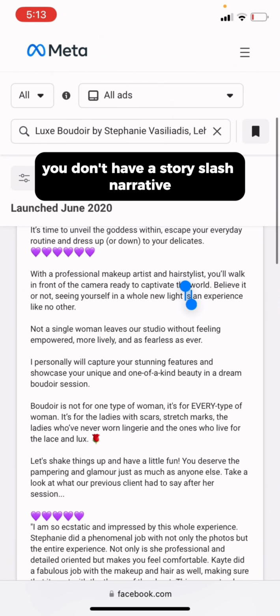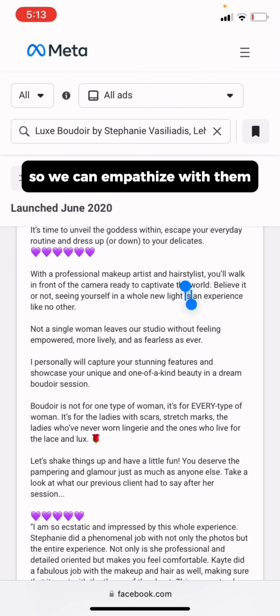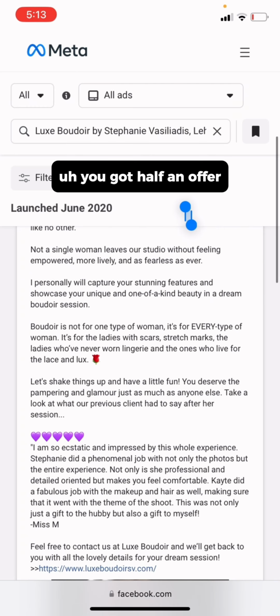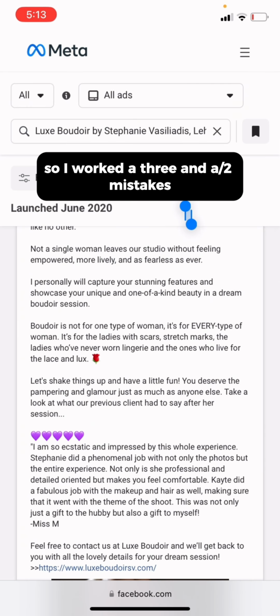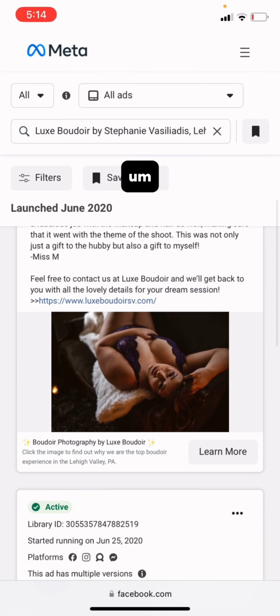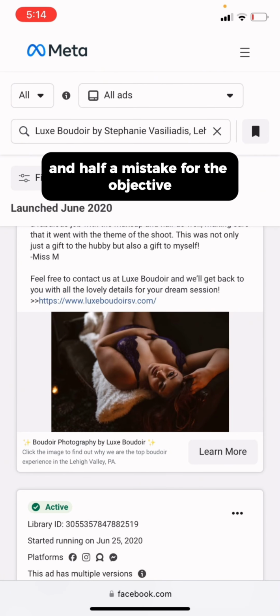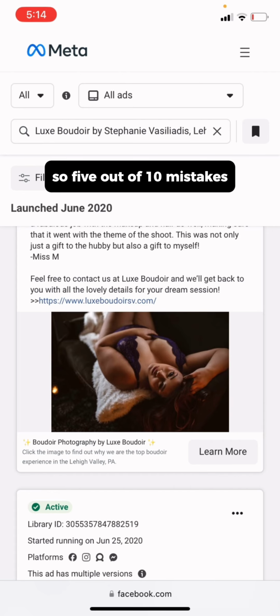You don't have a story / narrative, so we can empathize with them. And you got half an offer, so we're up to 3.5 mistakes. And then stuff below the creative, that's a mistake. 4.5 mistakes and half a mistake for the objective. So 5 out of 10 mistakes.